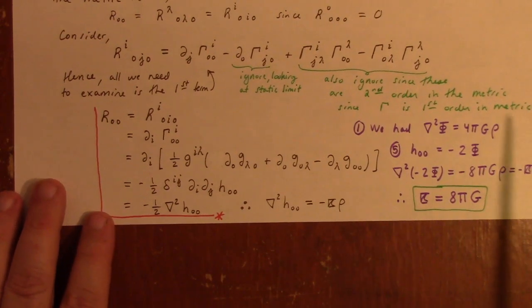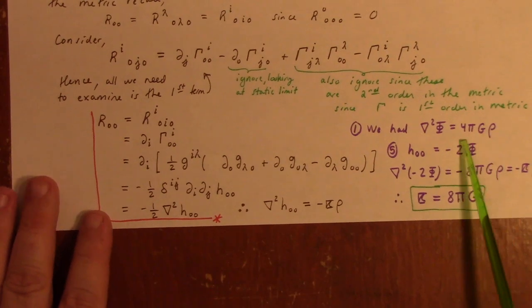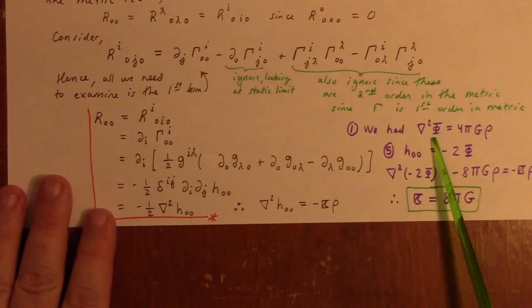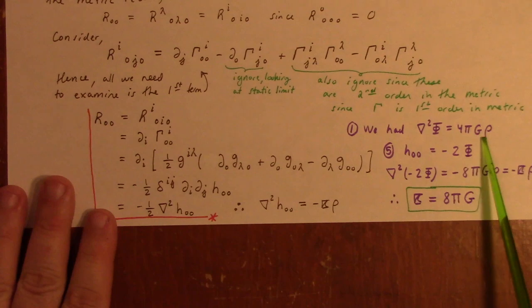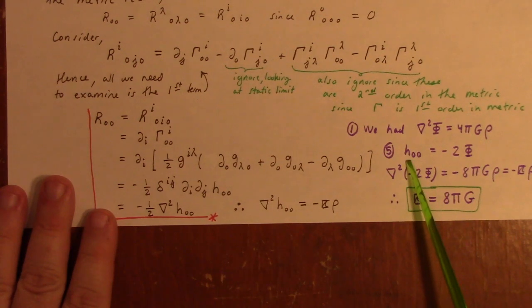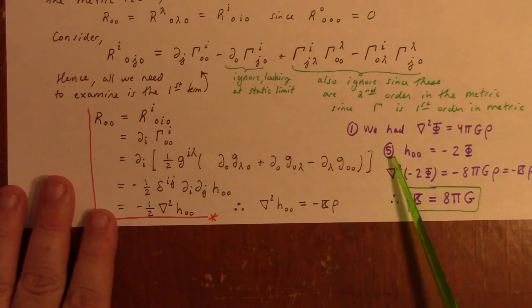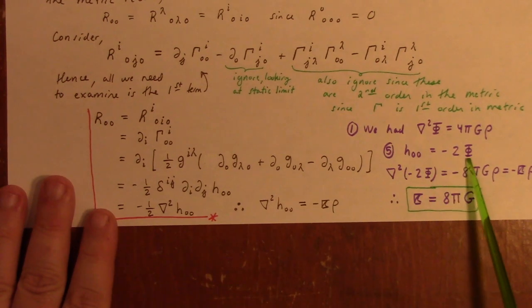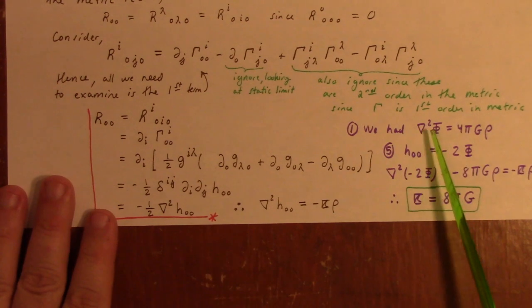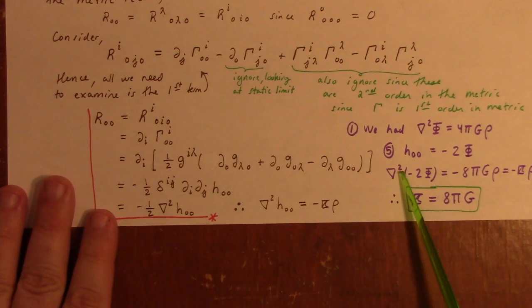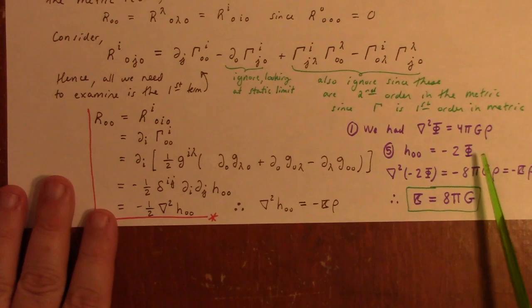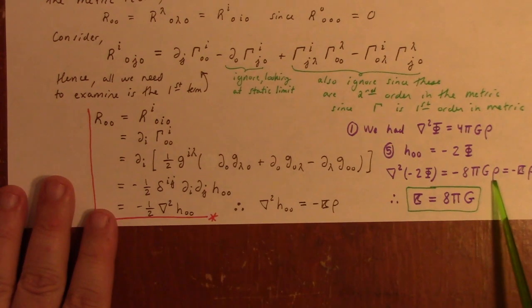All right, but what else do we know? We remember we had that the Laplacian of the potential was 4 pi G rho, and on page 5 of these notes, we had H00 was minus 2 times the gravitational potential. So if you put this and that together, we get nabla squared of H00 is equal to minus 8 pi G rho.